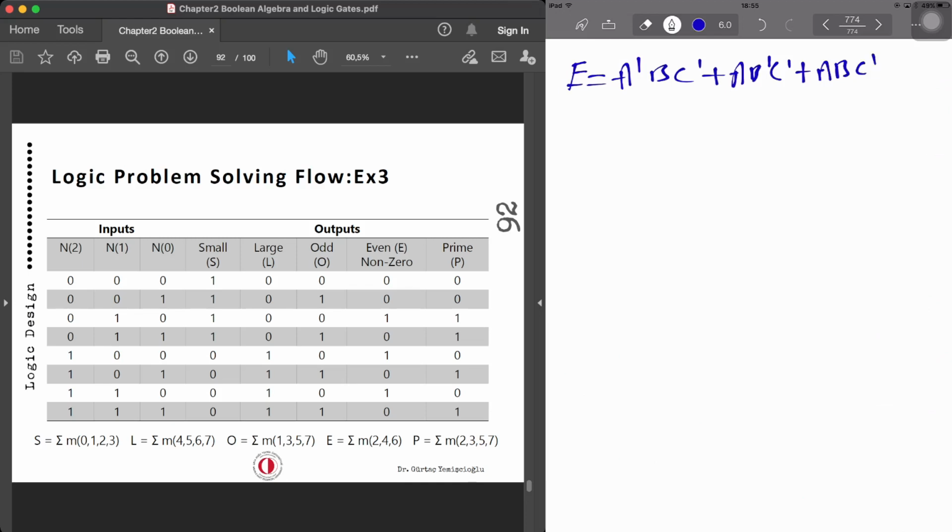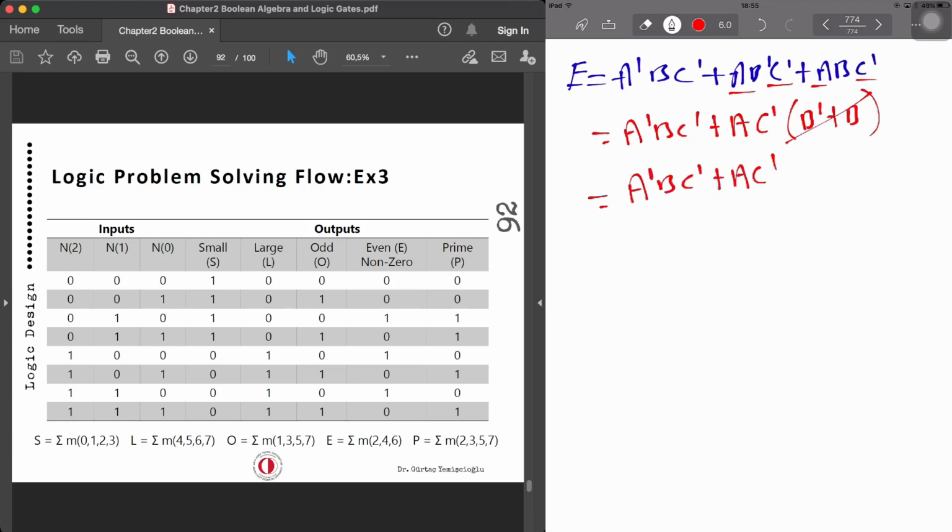Now, can we simplify this? What we have in common here is C prime. A prime, B, C prime, or A, C prime, and B prime plus B is out. This has gone, and we have A prime, B, C prime, or A, C prime.